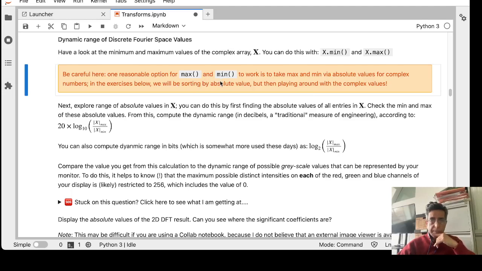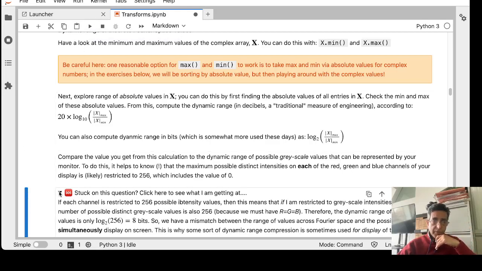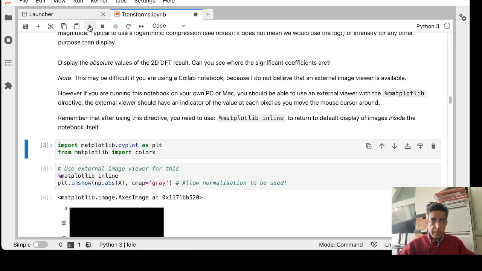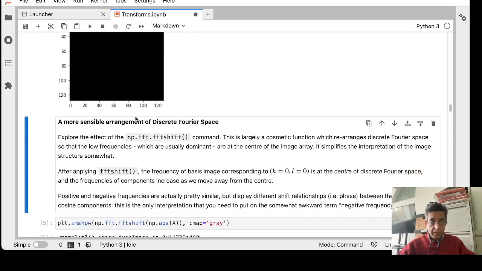If we look at the max and min values, we'll see there's a very big dynamic range in discrete Fourier space. It's quite difficult to display that simultaneously and be able to see all the detail. So if we want to display this, we can try to compress the dynamic range. This is what the result looks like without doing anything.